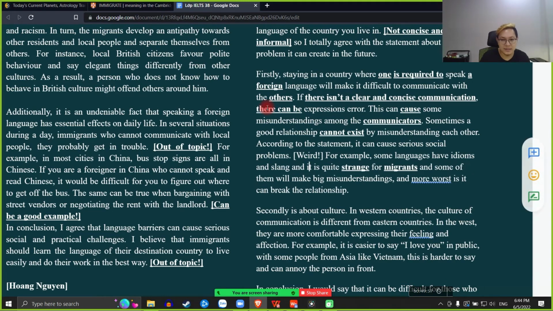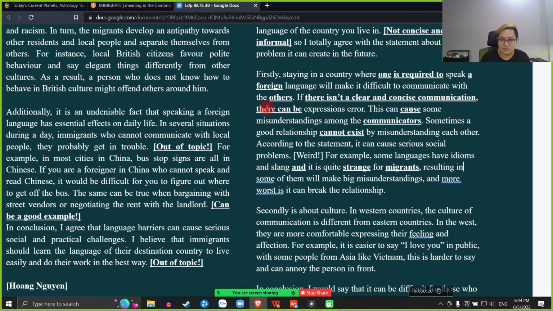Nối hai câu này lại với nhau đi. Link the two sentences together. Dẫn tới, resulting in, phải dẫn tới, resulting in big, potentially big misunderstanding.